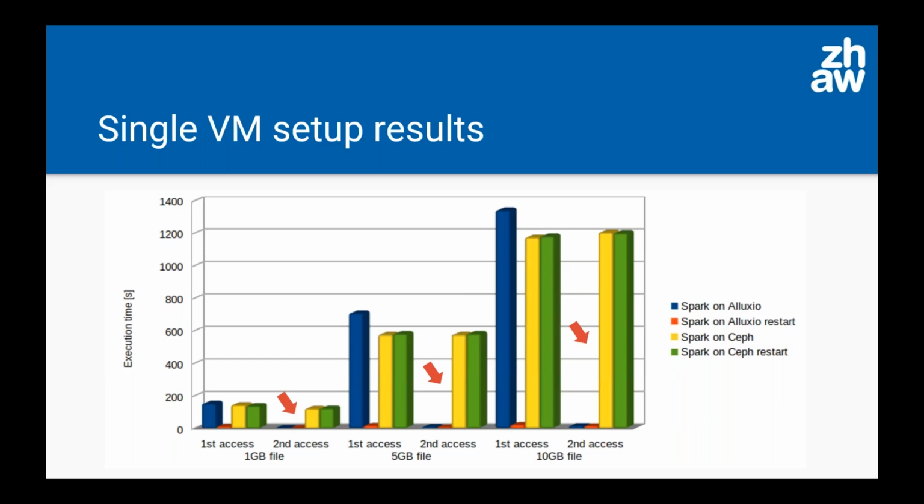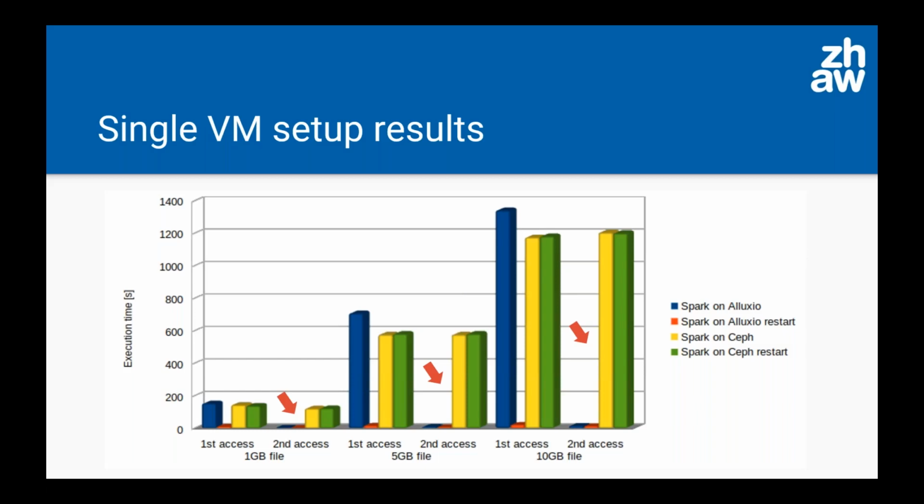The first group of results is about the single VM setup. What we want to show here are mainly two aspects. First, as I said, Alluxio is of interest in particular when we have repeated access. So what we tested is, of course, the Ceph direct access through Spark, where the Scala application was running, and we then turned off all the applications and repeated a second time.